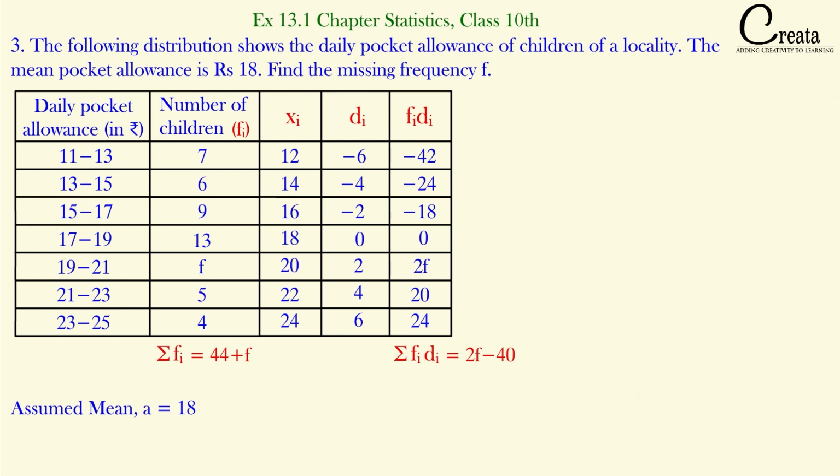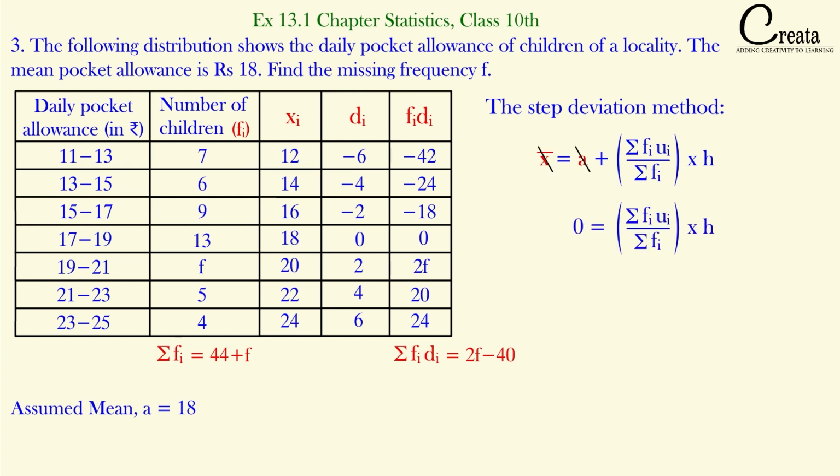Got it? Similarly, if we use the step deviation method, in this formula, here also x bar and a will cancel out with each other, and we get this term equal to 0, which on solving we got sigma of fi into ui into h is equal to 0. Here also we have simplified the formula. So these types of small hints you should observe in the question so that your calculation becomes much faster.